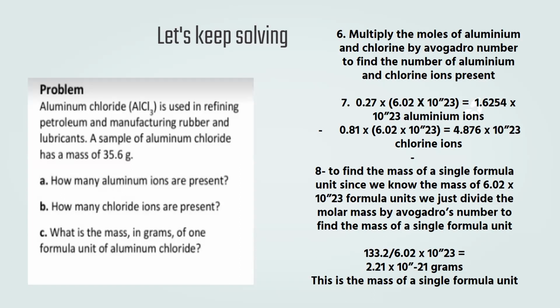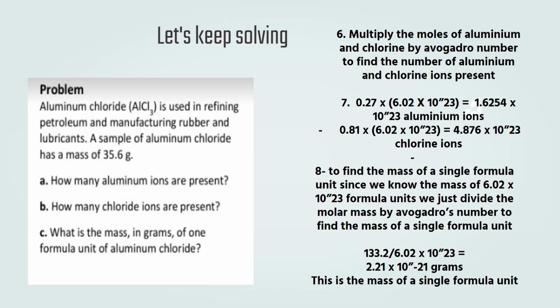Finally, C asks us, what is the mass in grams of 1 formula unit of aluminum chloride? That's simple. It just wants us to find the mass of 1 aluminum atom and 3 chlorine atoms, or ions, present together, not as a mole, but as a single formula unit. So each of them in their most basic form, as atoms.